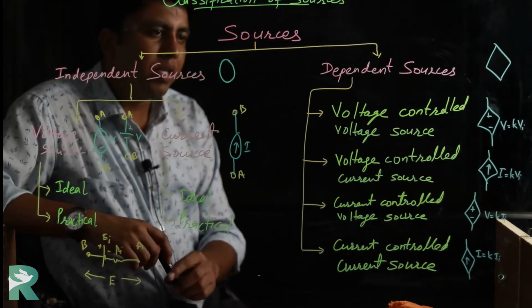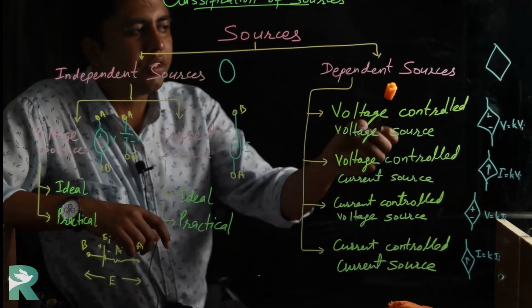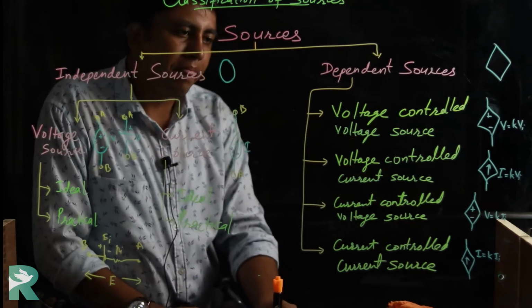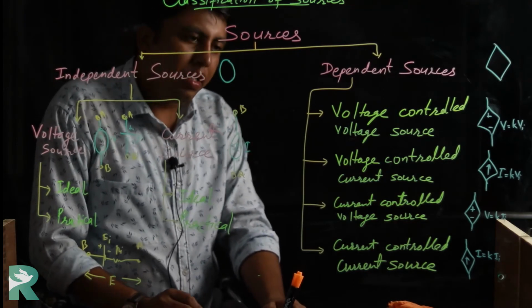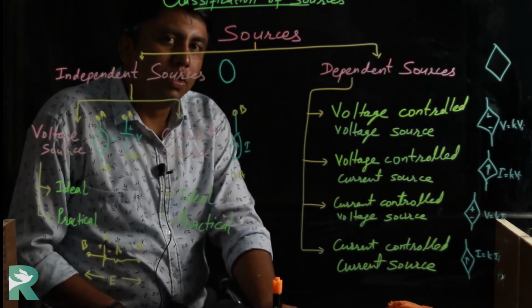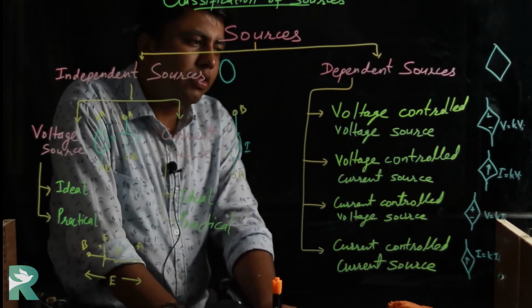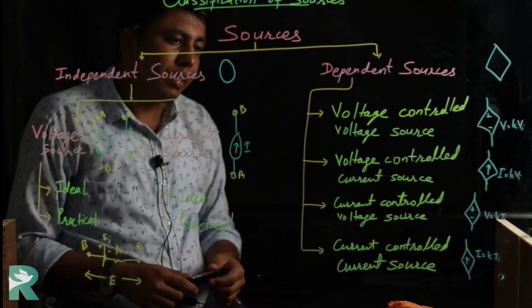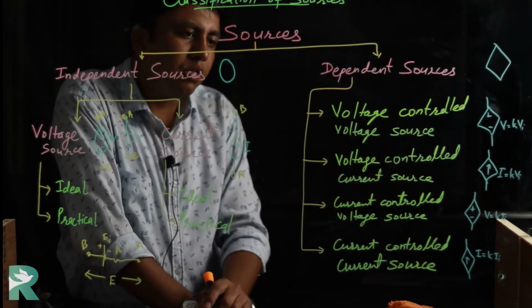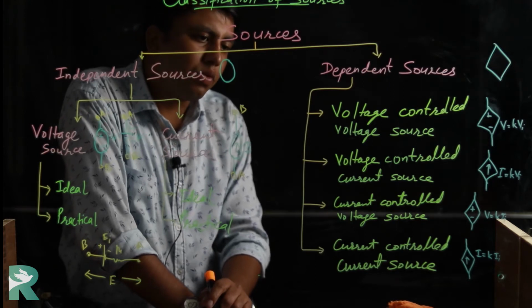Now come to the other part of sources, that is dependent sources, and these are represented by a parallelogram. As the name states, dependent source means its value depends on any other parameter of the circuit. First is the voltage controlled voltage source. It is also called voltage dependent voltage source.